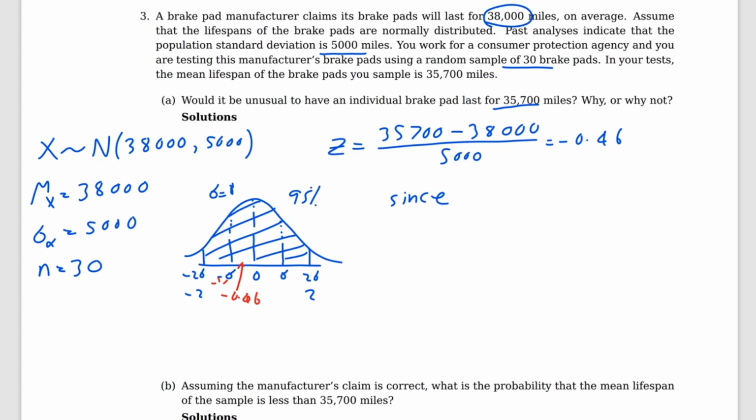Since the z score is between negative 2 and positive 2, it is a usual value.